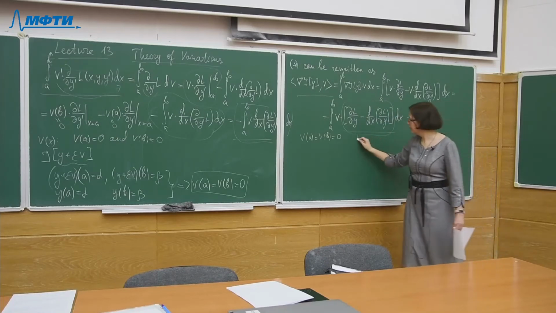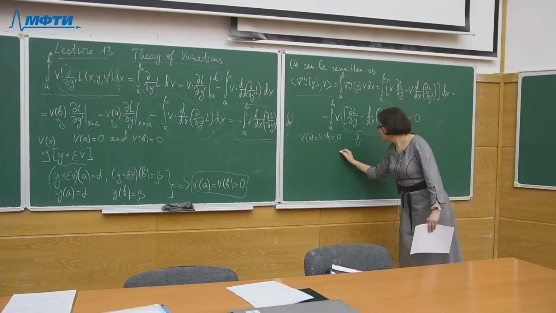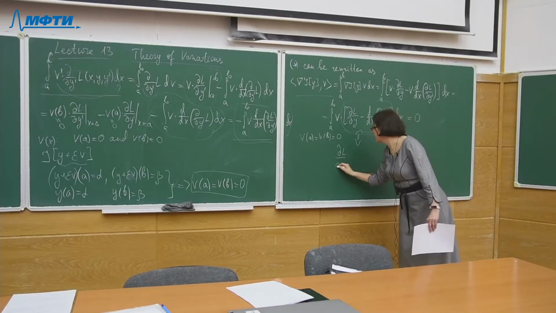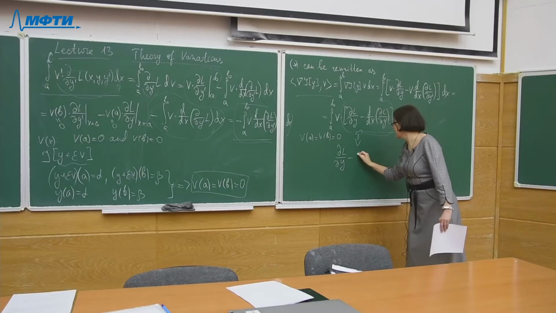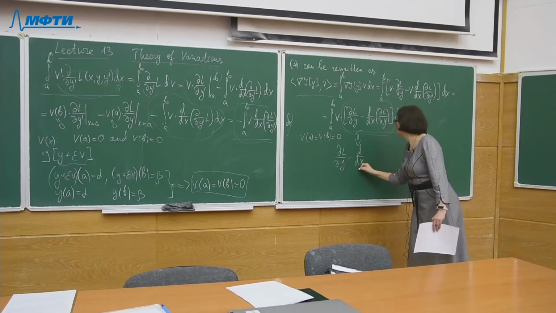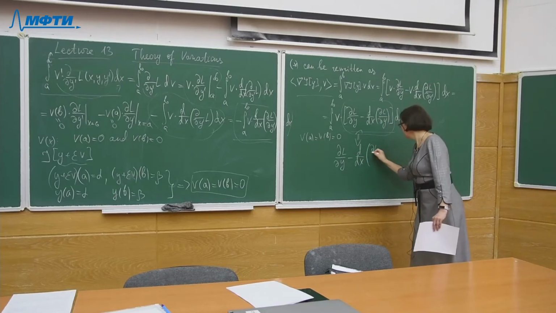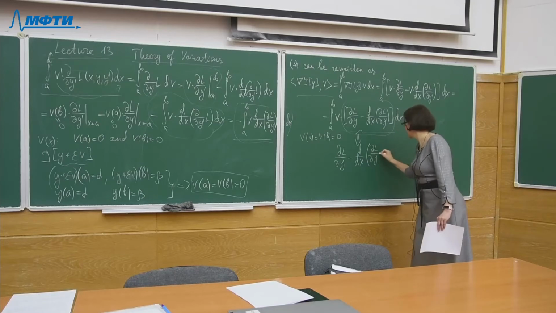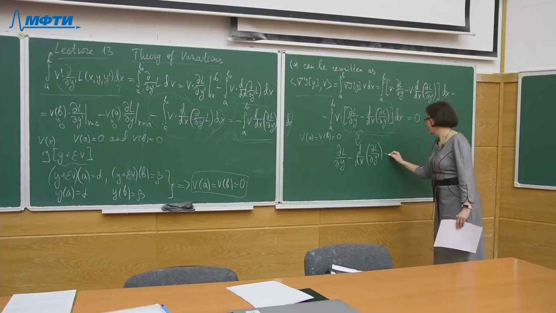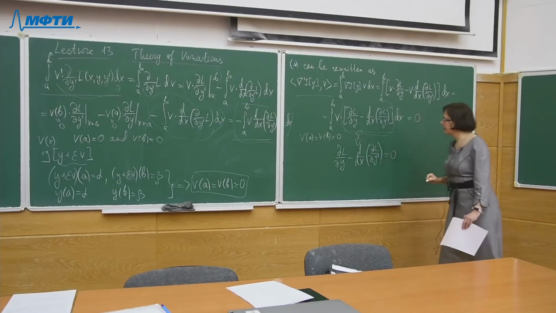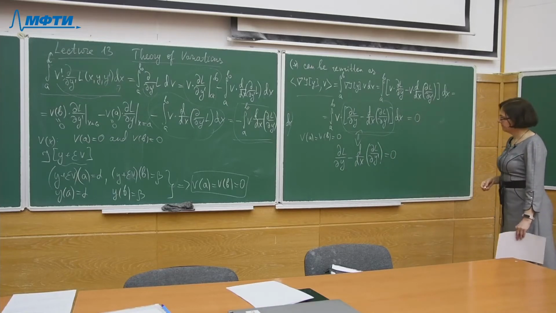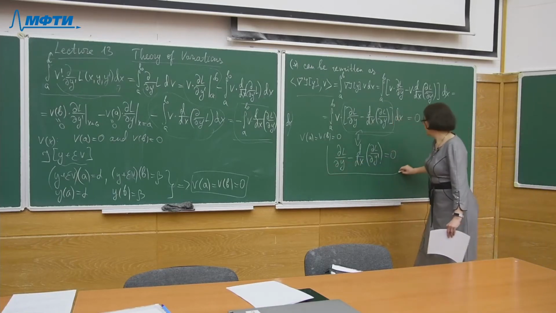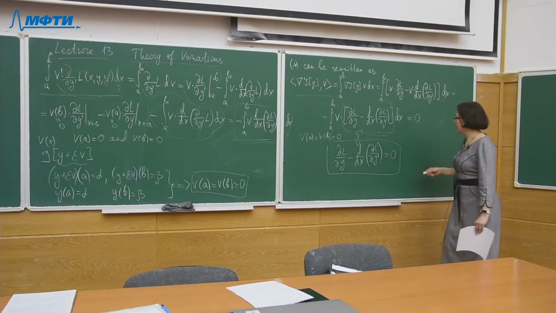So this means that dL over dy minus d over dx of dL over dy prime is 0. Okay, and this is called the Euler-Lagrange equation.